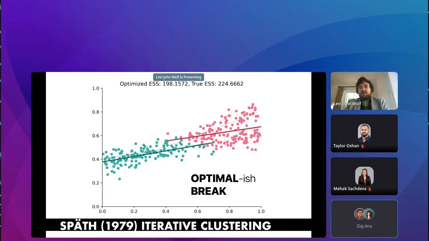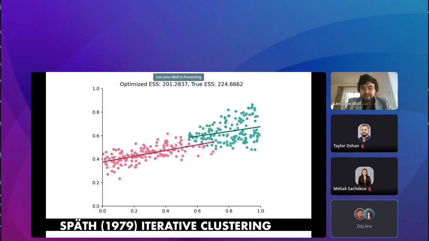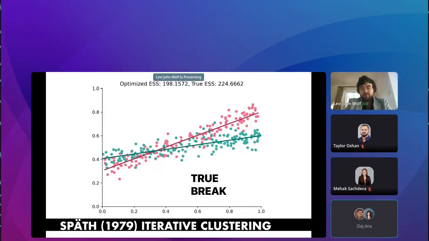We can't be sure that we're recovering true clusters when we apply these kinds of iterative clustering techniques. Again, they trade observations between the two different groups, they fit regressions in those two different groups, and the goal is to try and recover some optimal, some true break, like I'm showing you here.